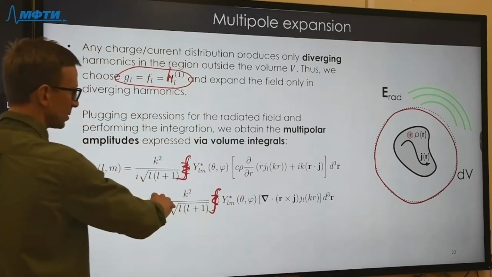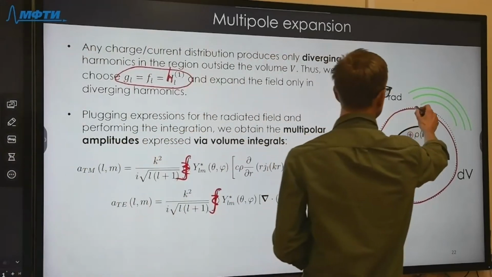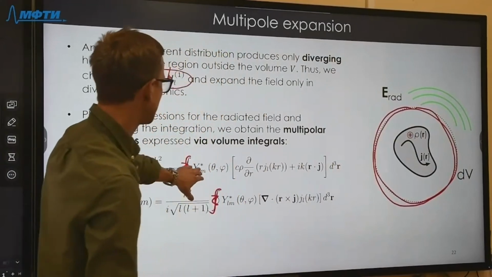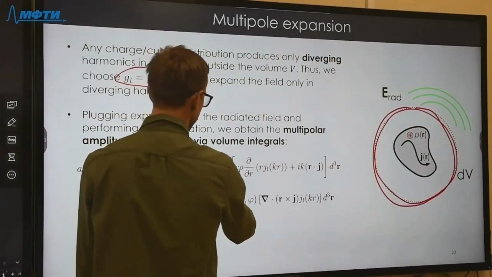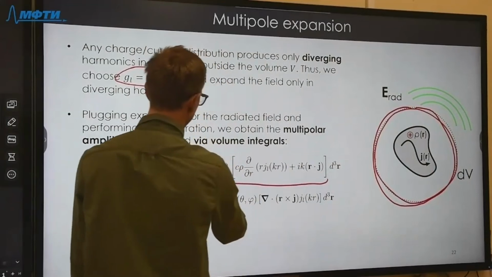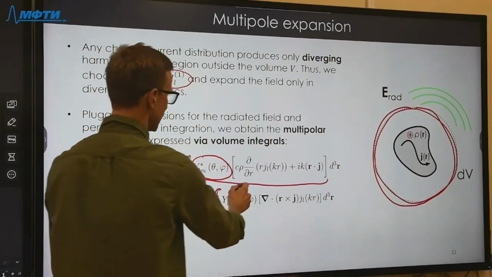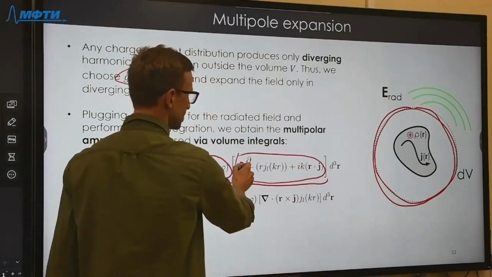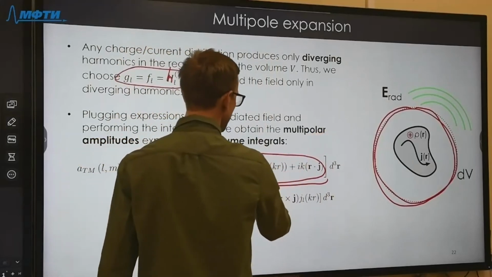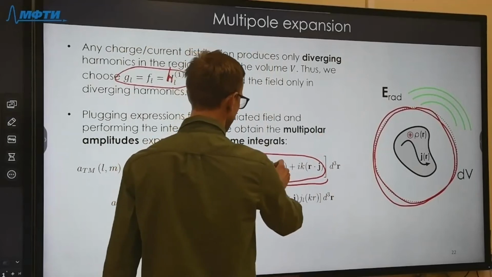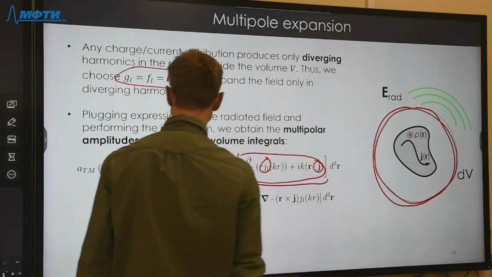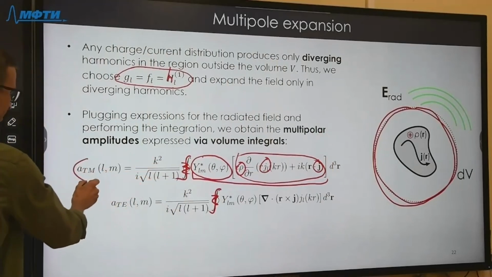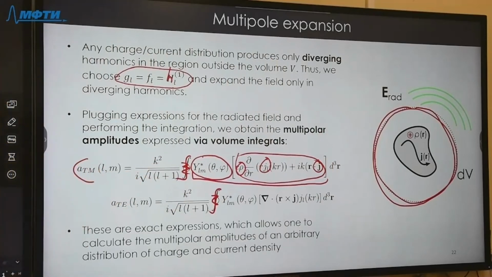The volume integrals over the entire region V of the entire source area have very complicated combinations of spherical harmonic multiplied by this monstrosity, which contains the charge density, which we do know, and the current density, which we also do know. And this, in the end, after we perform the integration, gives us a particular multipolar amplitude.